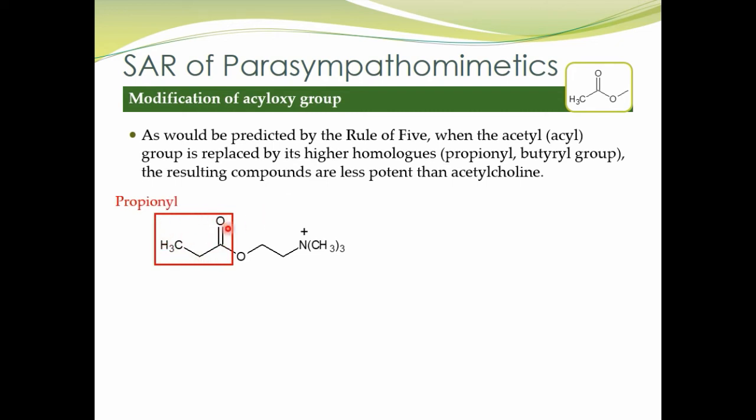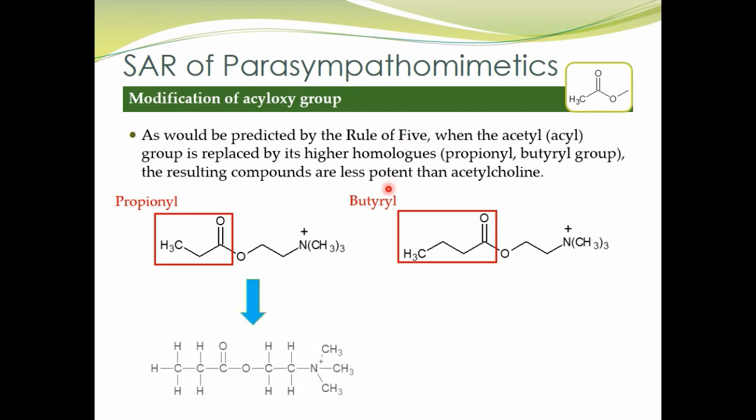If the acetyl group is replaced by a propionyl group, CH3CH2CO, or by a butyryl group, CH3CH2CH2CO, in both cases the activity is less than acetylcholine. This is again based on the rule of 5.